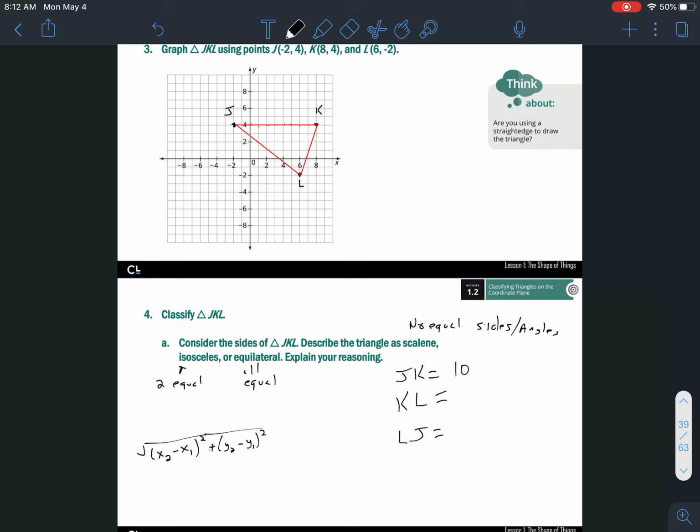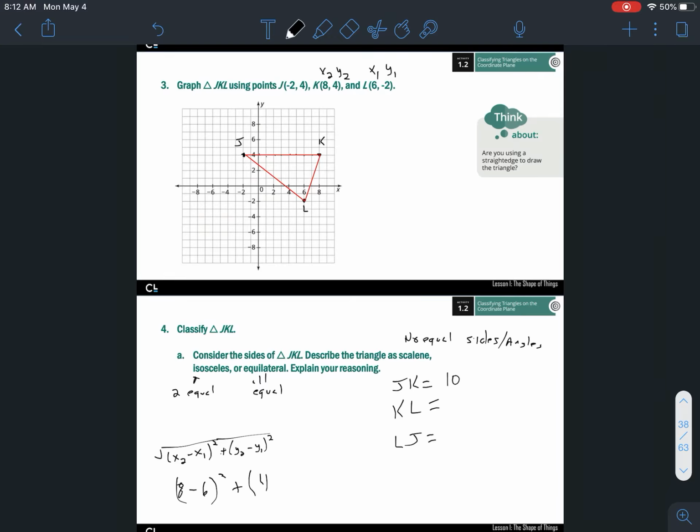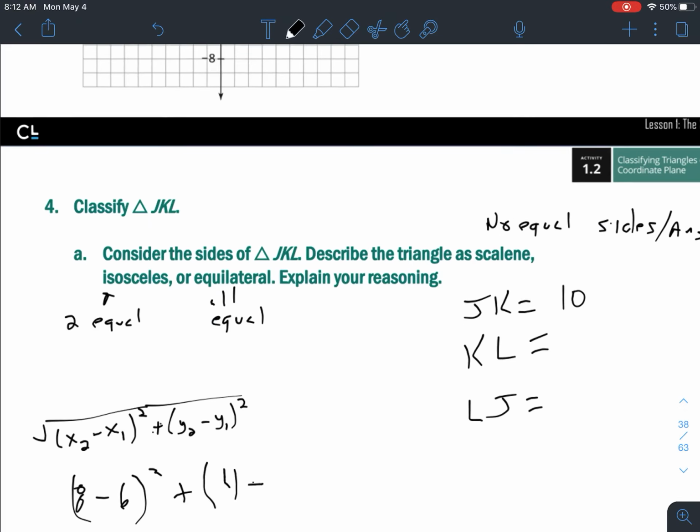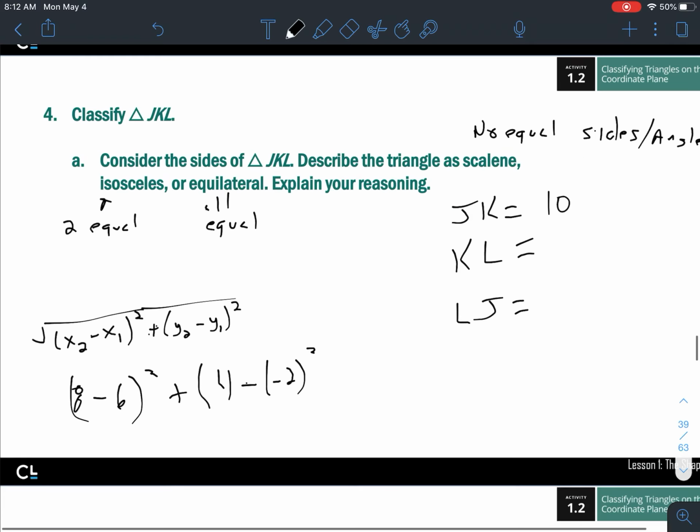So we have to set this up as 8 minus 6 squared plus 4 minus negative 2 squared.